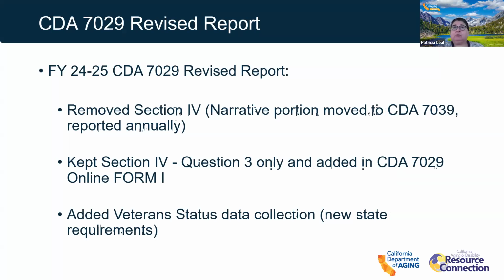We do have an exception, and the exception, like I mentioned before, is question number 3. Question number 3 is how many unduplicated partner organizations are part of your ADRC. And we added this one to form number 1. So next slide.